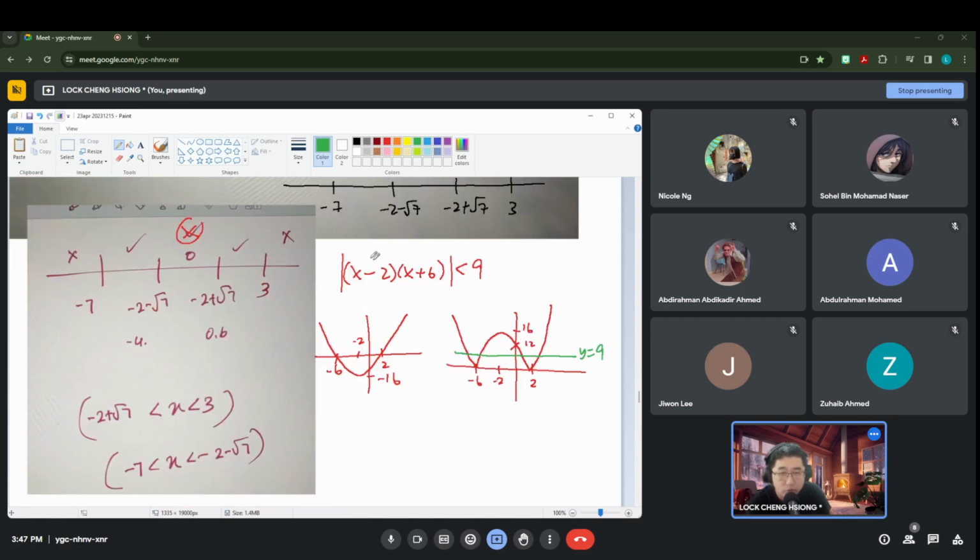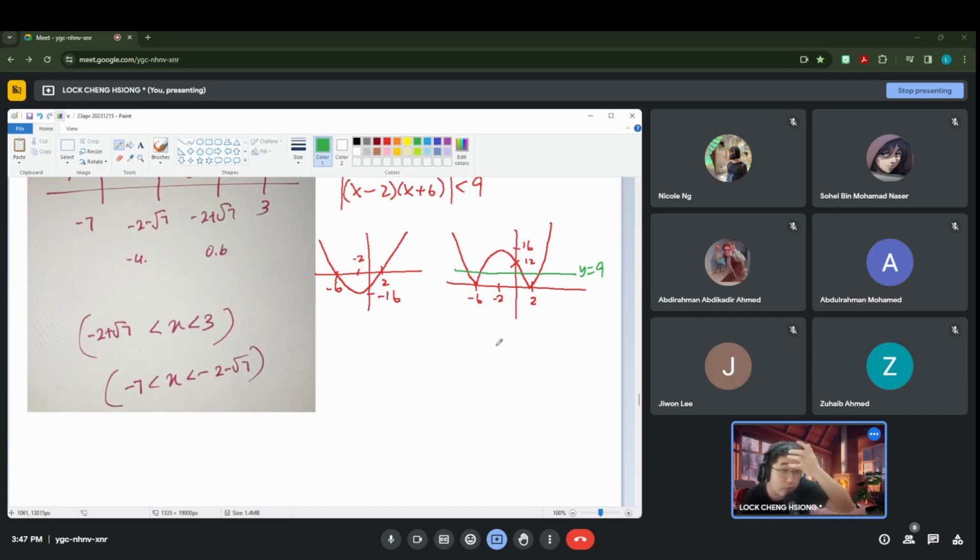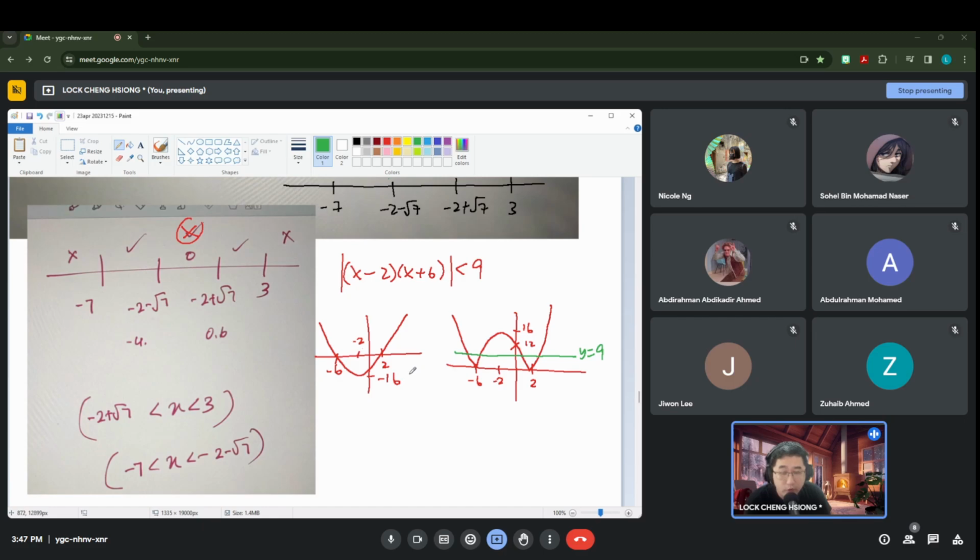How do we draw this graph, modulus of x minus 2x plus 6? We draw the quadratic first, find the minimum point, then do folding to get the graph and compare it with y equals 9. Those are the graph questions that may appear in the exam.